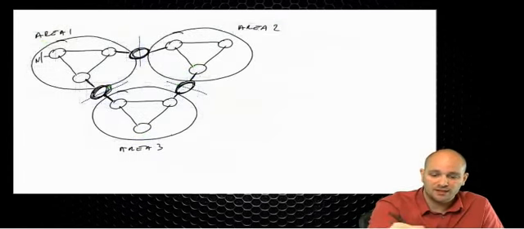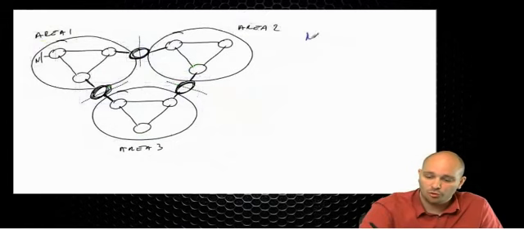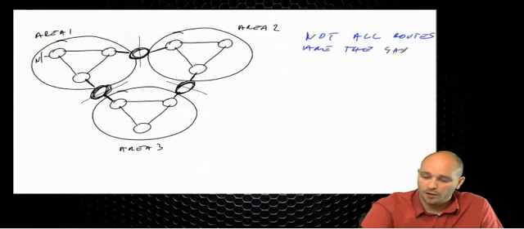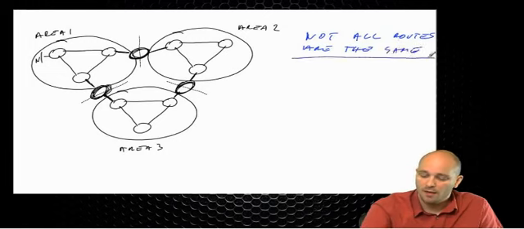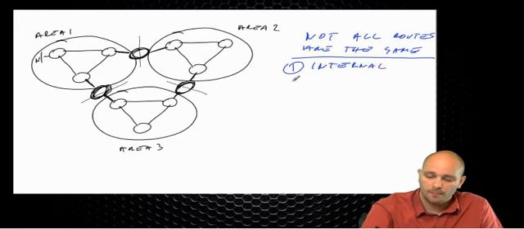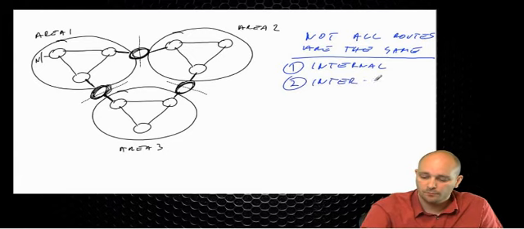So the first thing that I'm going to say here is not all the routes are the same. OSPF divides routes in 3 categories: internal, inter-area, and external routes.